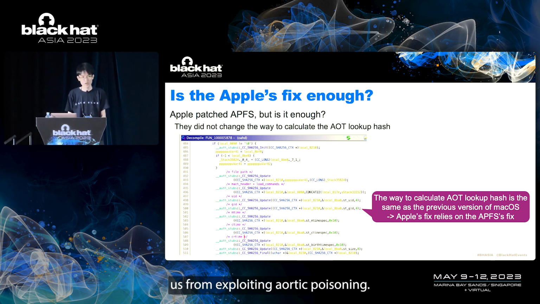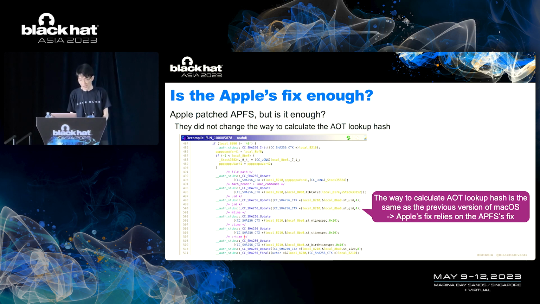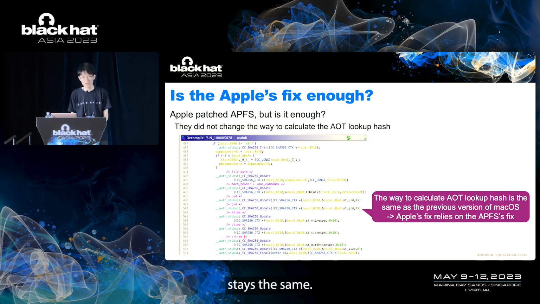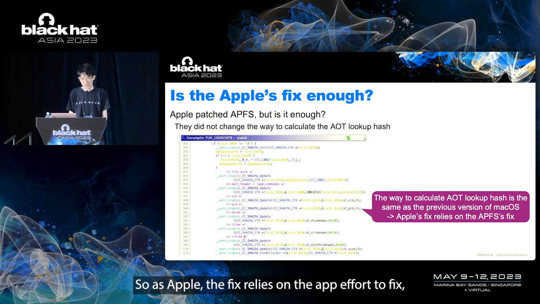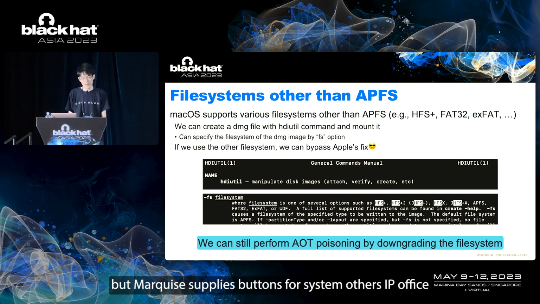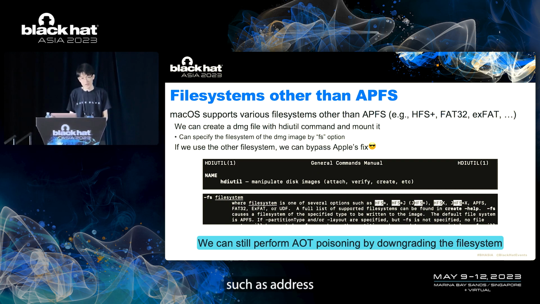Okay, so this update of APFS prevents us from exploiting AOT poisoning, but is Apple's fix enough? After updating my macOS, I noticed that the way to calculate the AOT lookup hash stays the same. So Apple's fix relies on the APFS fix. But macOS supports various file systems other than APFS, such as HFS Plus, exFAT, and FAT32.